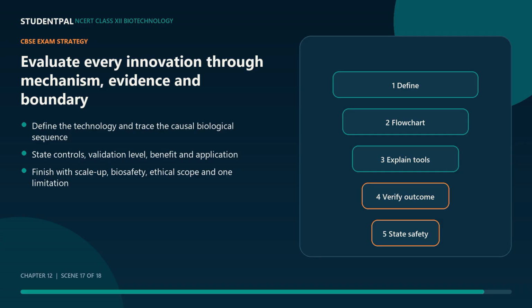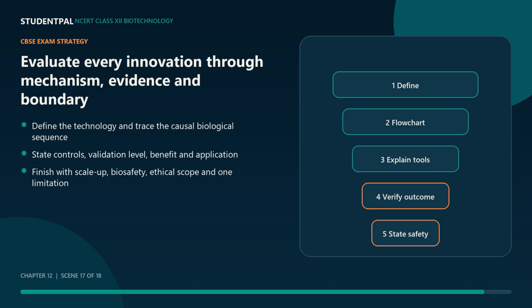For a crop trait, trace molecular verification, expression, inheritance, greenhouse evaluation, field trials, and safety. For stem cell products, include identity, purity, potency, genomic stability, and tumor risk. For nanoparticles, connect size, shape, and surface chemistry to delivery or sensing, and include aggregation, distribution, and toxicity.